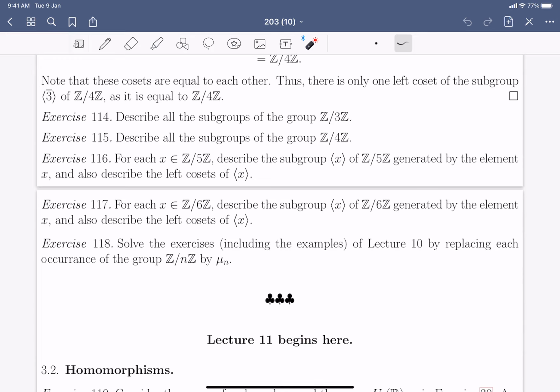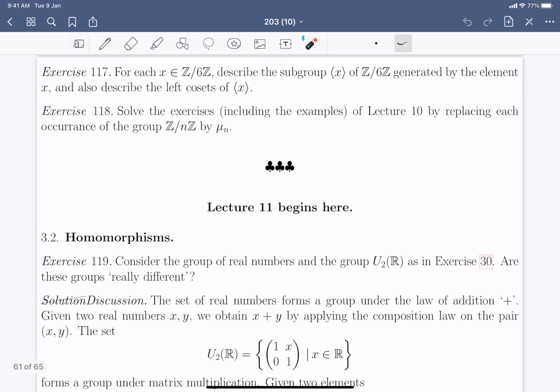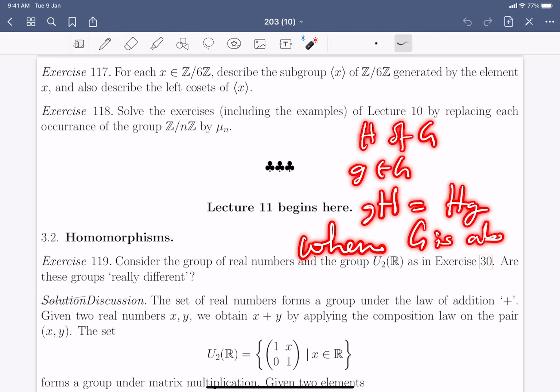So I said that if you have a subgroup H of a group G, then corresponding to an element little g inside G, you can consider the coset gH. You can also consider the coset Hg. I'm claiming that these two are equal when G is abelian.